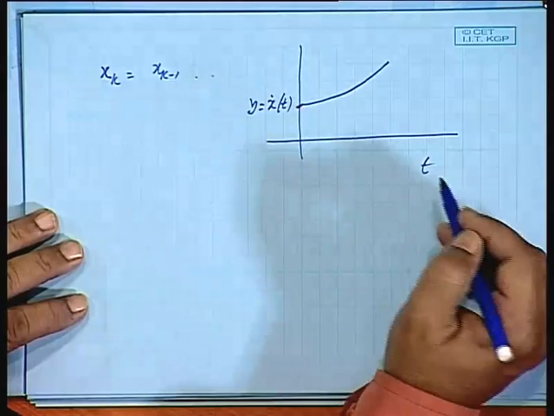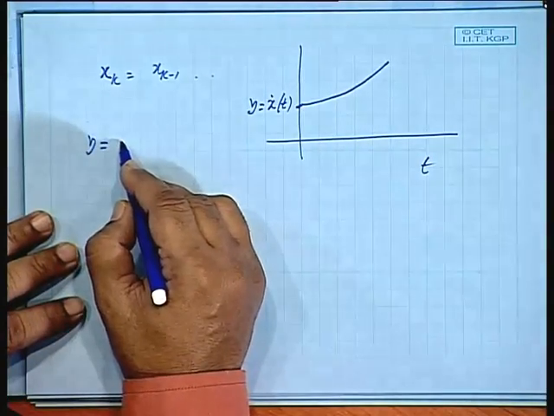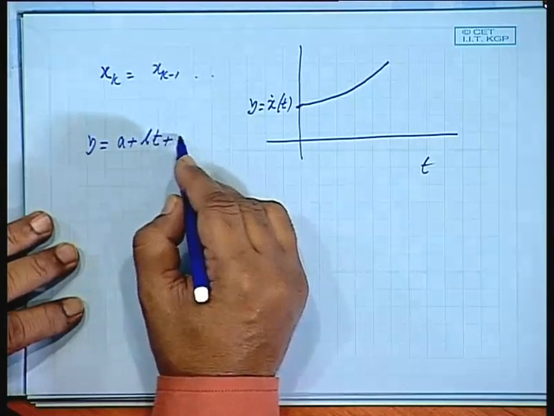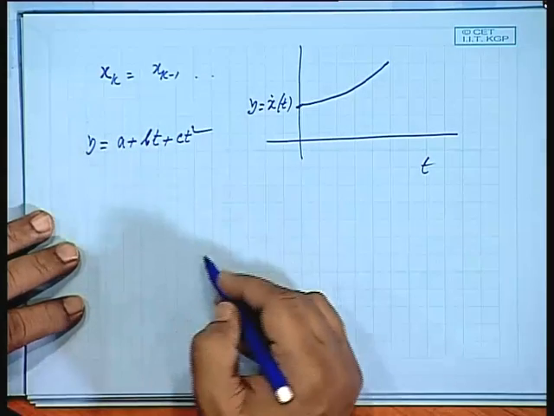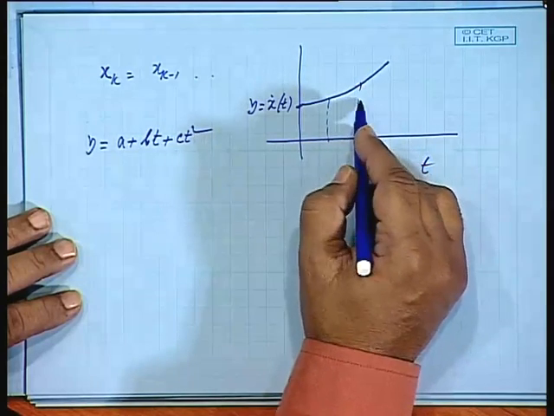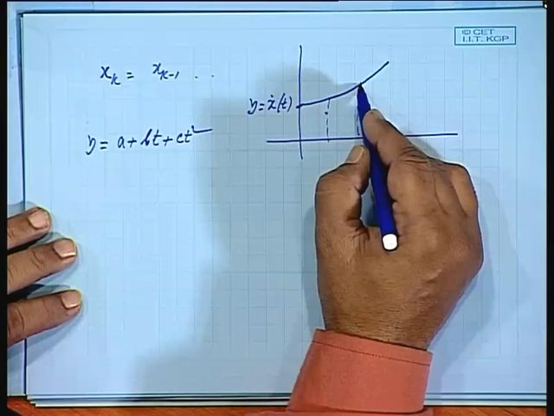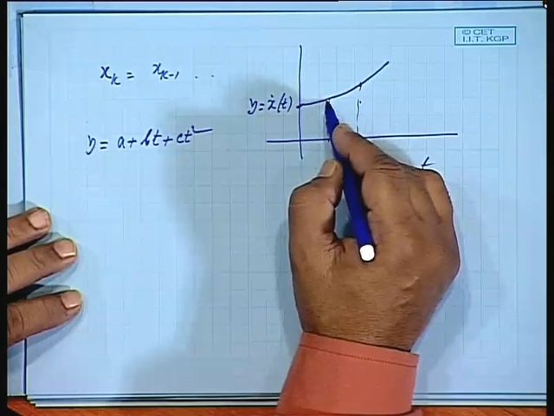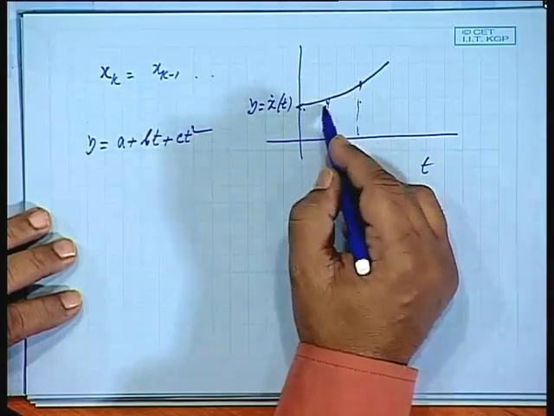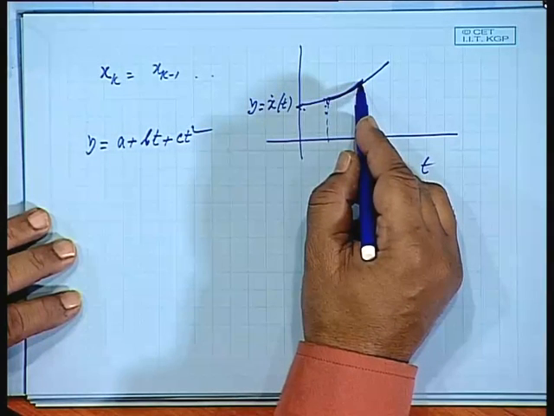Say we choose this as the origin. So, y is equal to say a plus b t plus c t square. If you make such a substitution, that means instead of going back by one step, expressing the value of the variable at this instant in terms of the previous value, we take the previous two values. So, this will now be a part of a parabola, not a straight line.